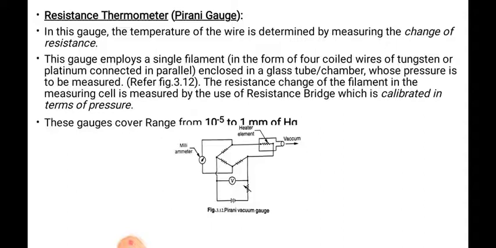The resistance change of the filament in the measuring cell is measured by the use of a resistance bridge, which is calibrated in terms of pressure.